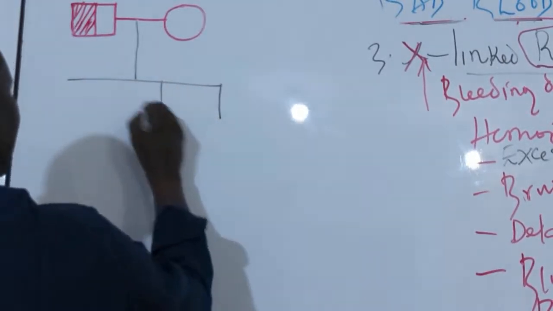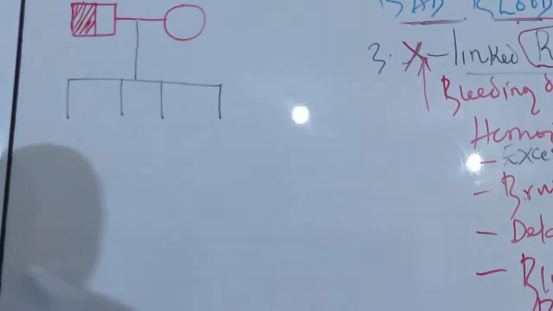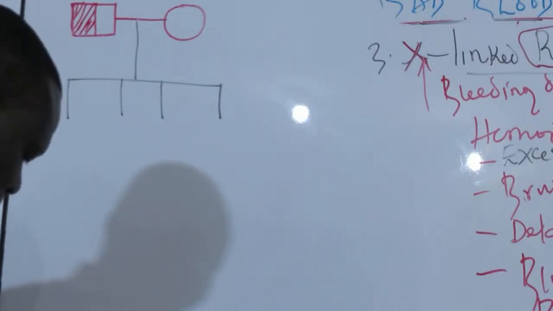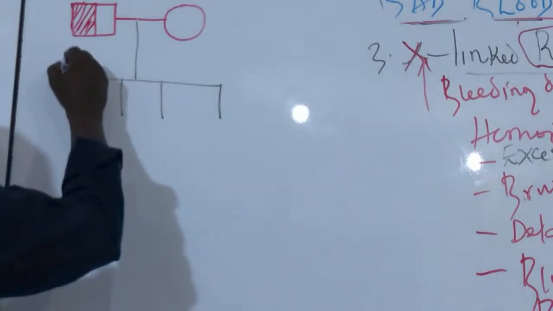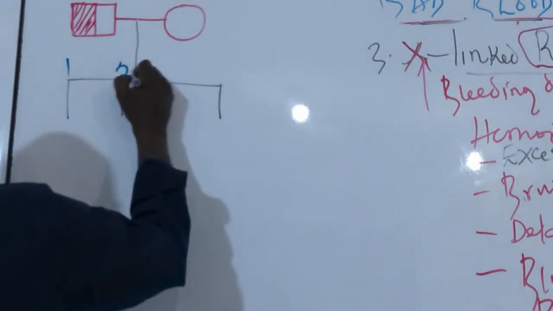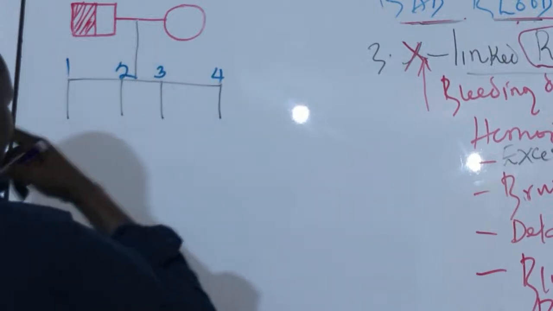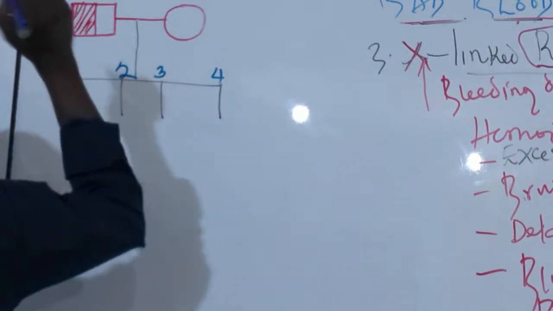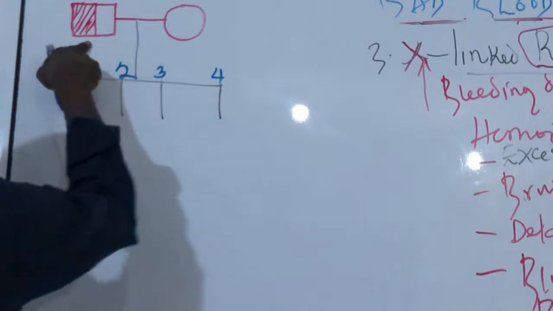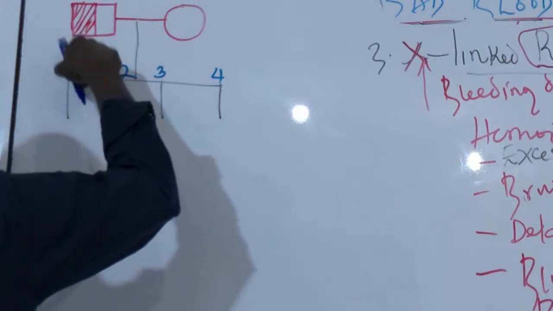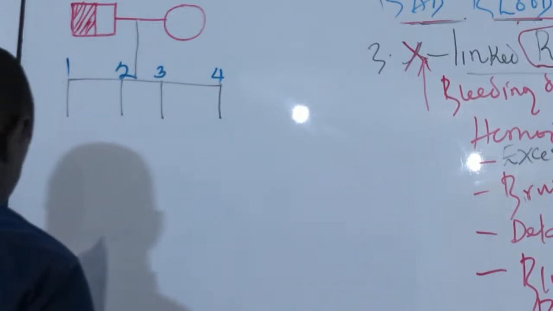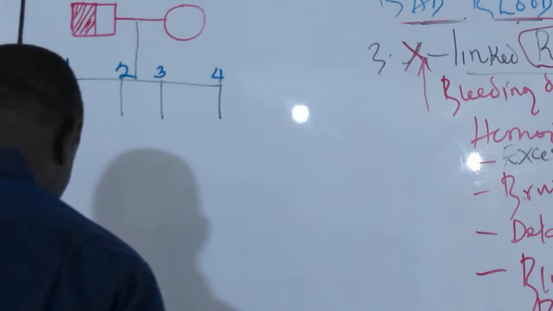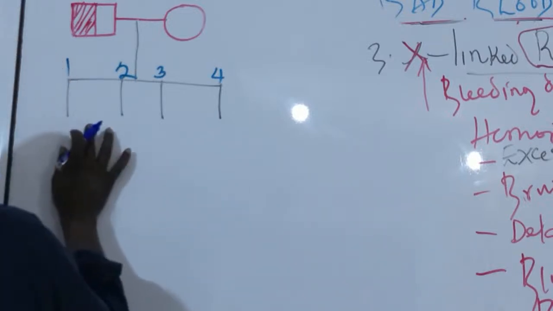Whether the person is going to be a male or a female, it matters. So if this is the first child, second child, third child, and fourth child, this kind of inheritance is more in male than in female.